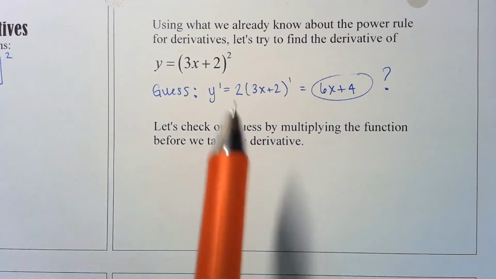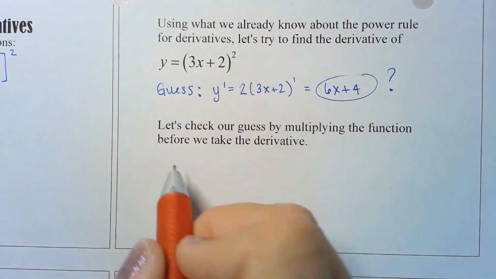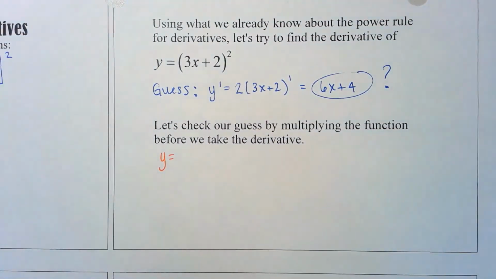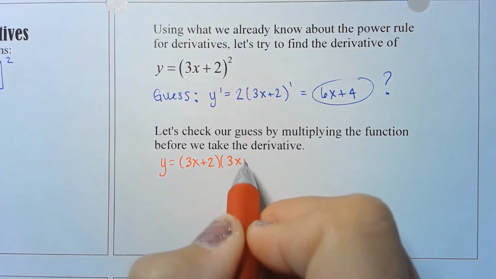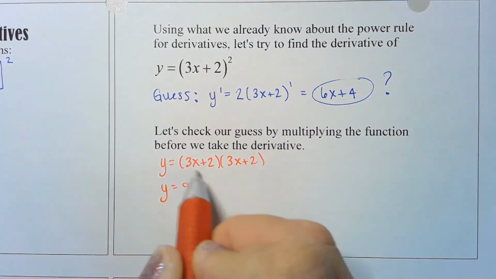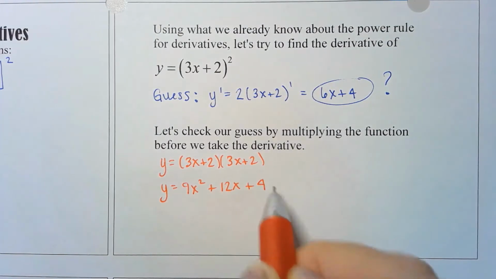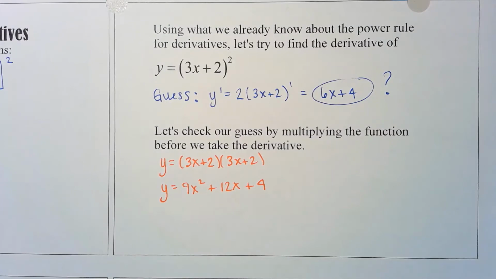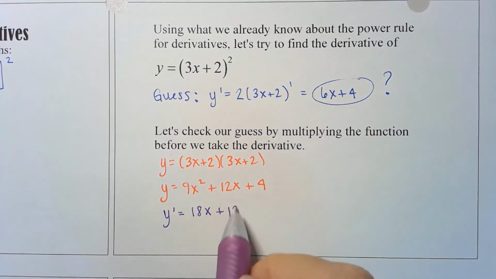But what we can do is to FOIL this, right, before we take the derivative. That way we don't have to worry about it. So if I think of this as 3x plus 2 times 3x plus 2, I get 9x squared plus 6x plus 12x plus 4. So there's my function. And now we're super confident taking this derivative, and I get 18x plus 12.